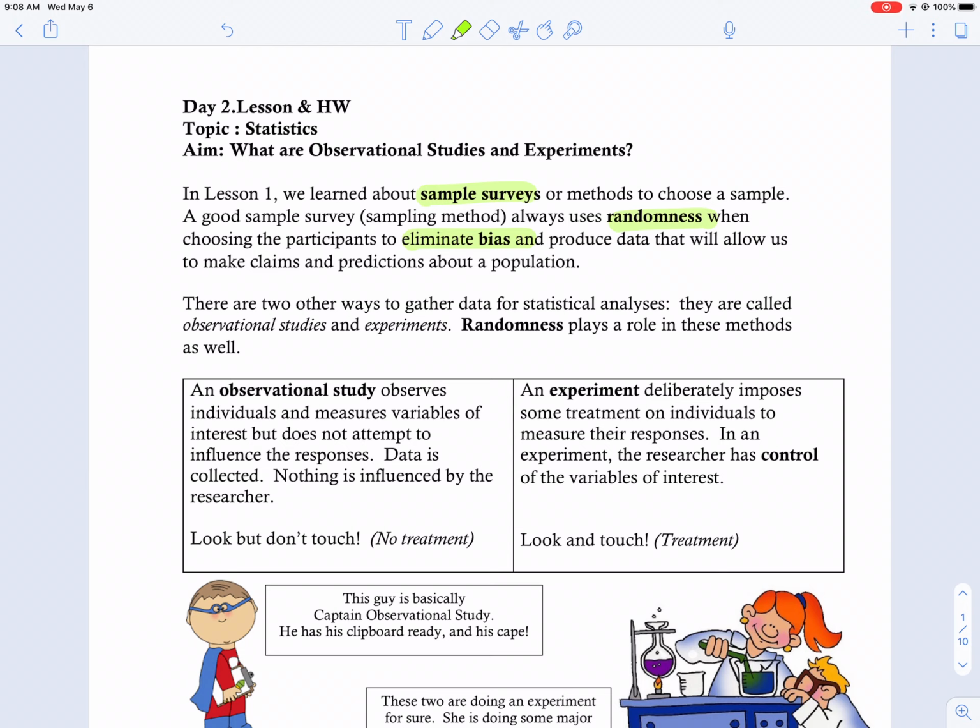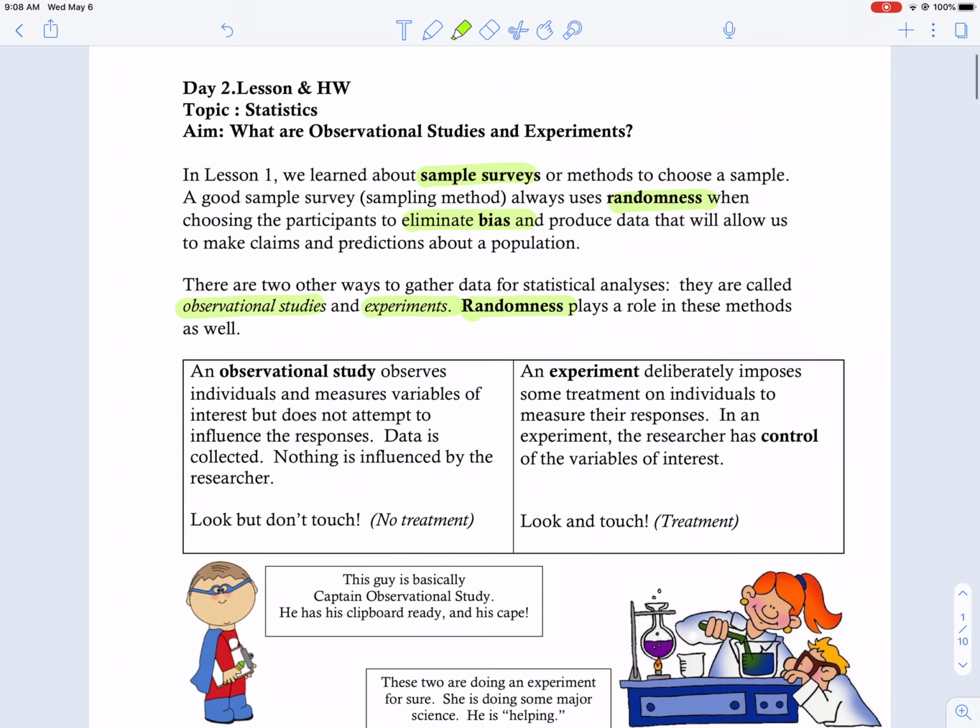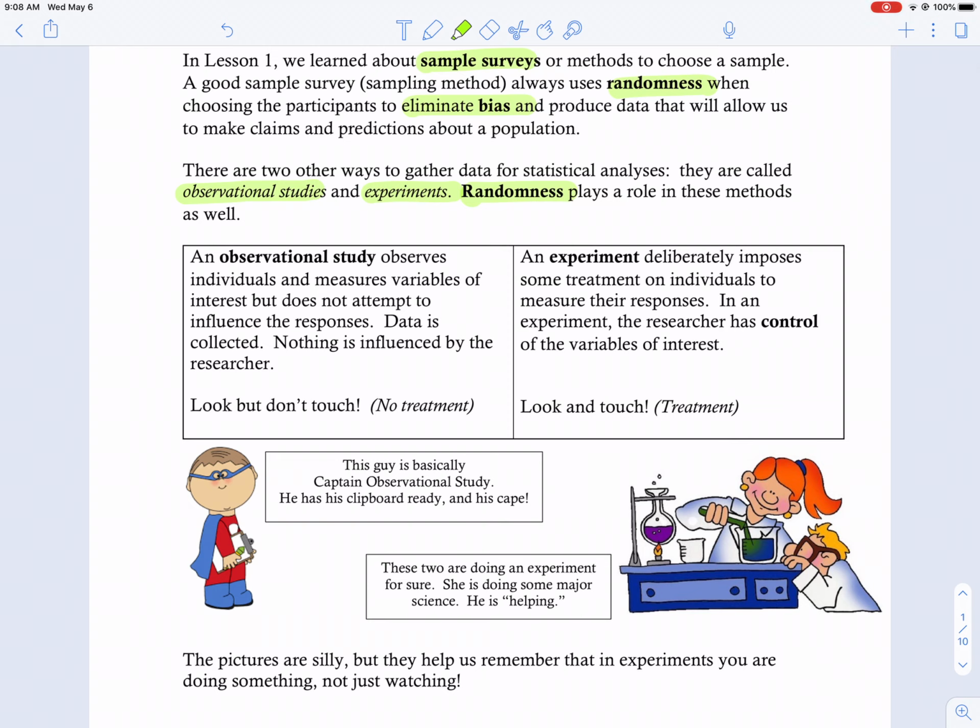There are two ways to gather data for your statistical analyses. It's either observational studies or experiments, okay? And randomness, which we've talked about, plays a role in these methods as well. So, very important you know the difference between an observational study and an experiment.